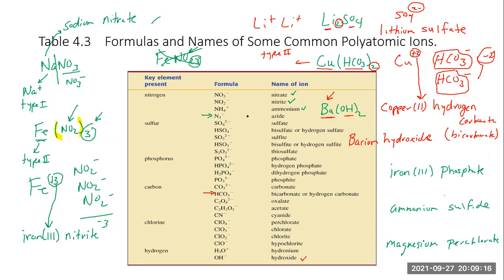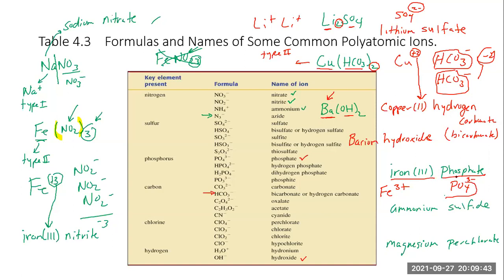All right, so going from name to formula, we could use the table to help us figure out what's going on. When I see iron Roman numeral 3, that automatically tells me I have an iron with a +3 charge. When I see phosphate, I would look on the table or at some point memorize it, and phosphate would be right there, which is PO4 3 minus.